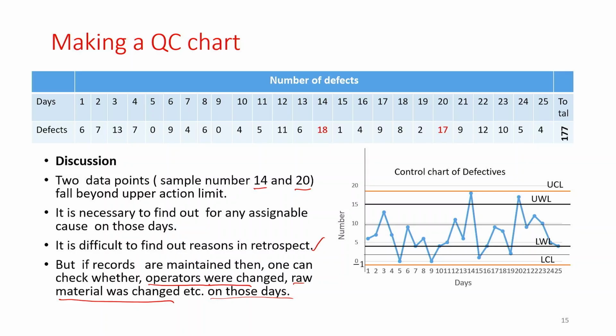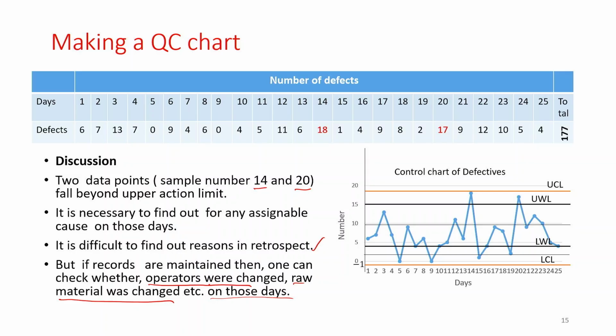Something must have happened on those days. Therefore, it went beyond the action limit, and then again it has come back in between the warning limits. So that means the process went temporarily out, but again it has been brought back.